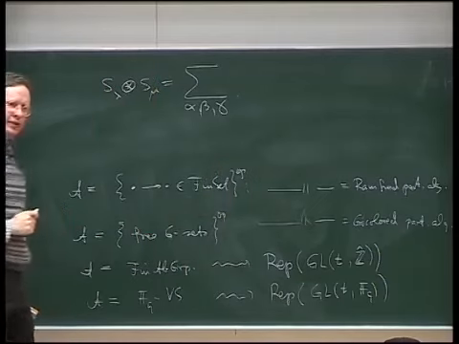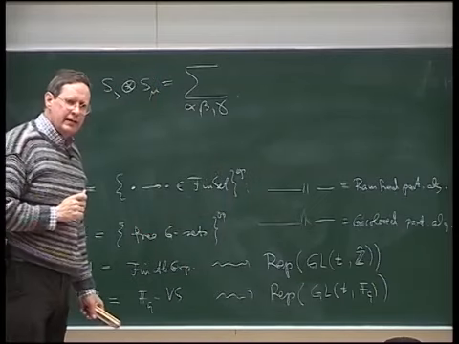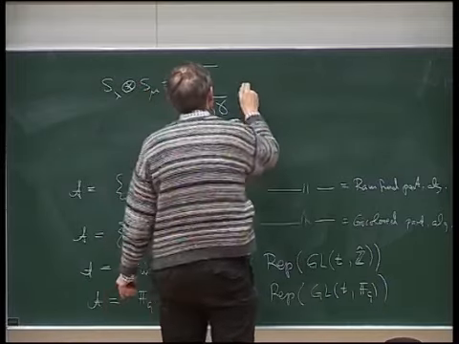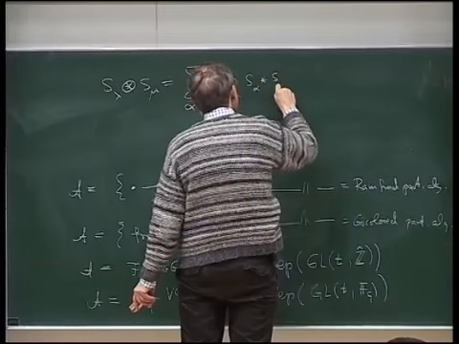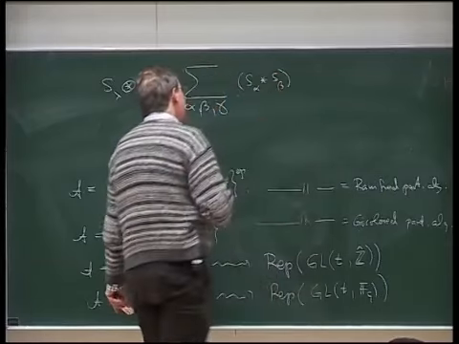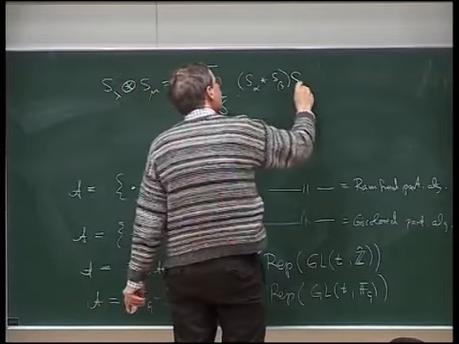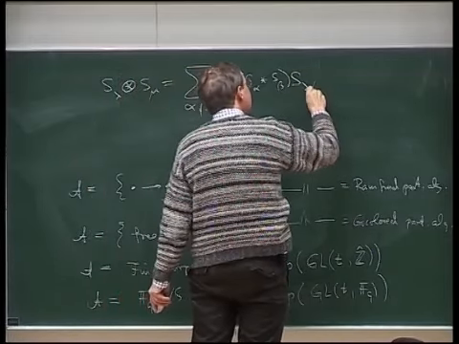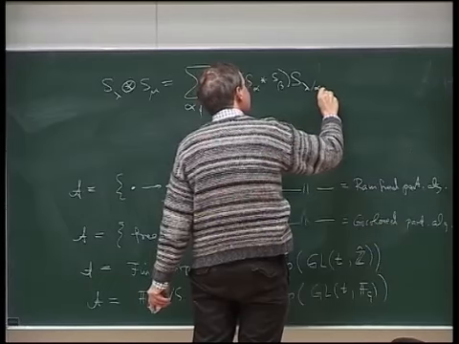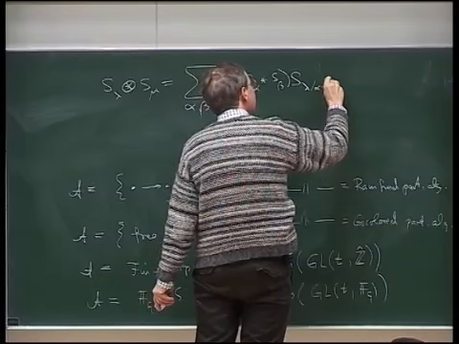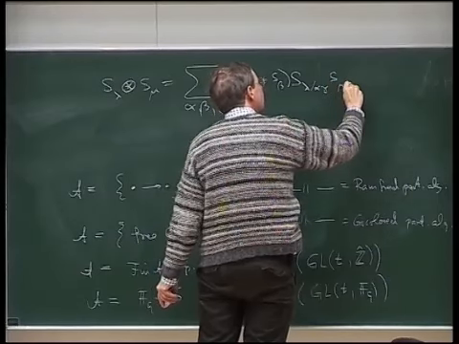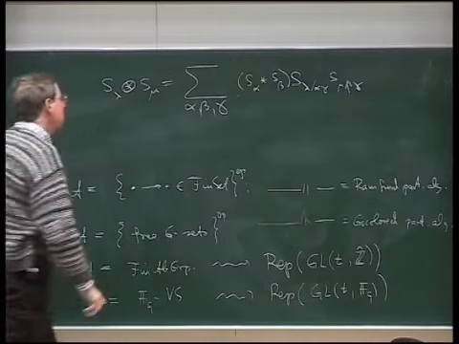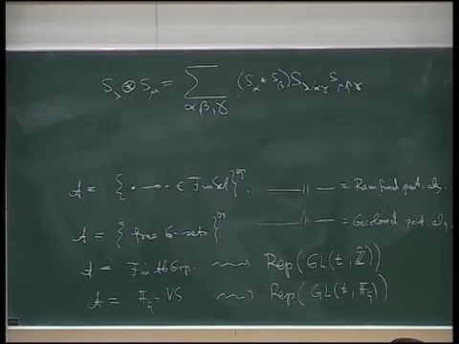These are partitions. Alpha and beta should have the same size. Then I take just the Kronecker product of S alpha and S beta, the usual one. And then here I take S lambda over alpha, this Q tableau, alpha gamma, times S mu over beta gamma. That's the formula of Littlewood.